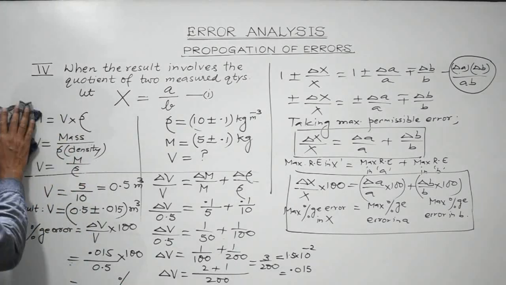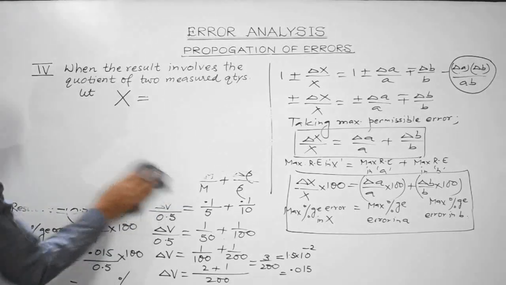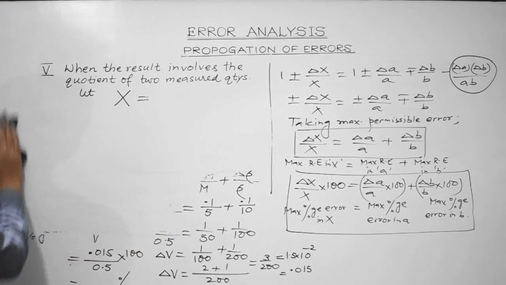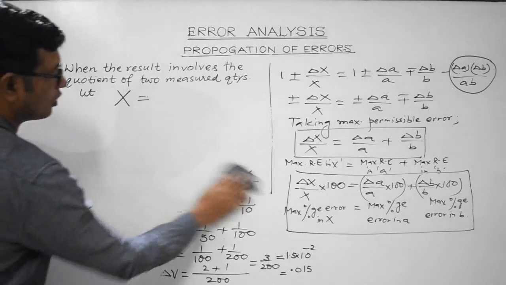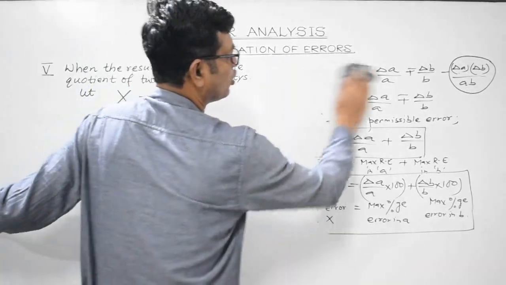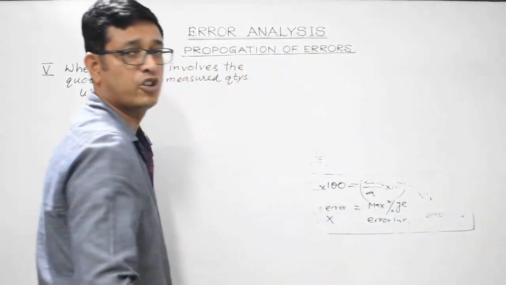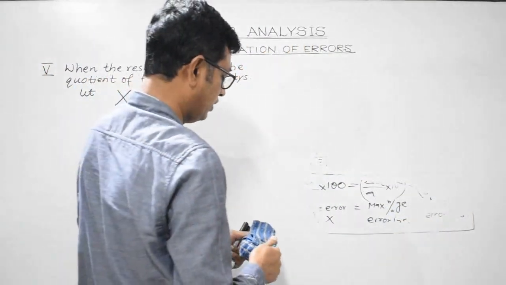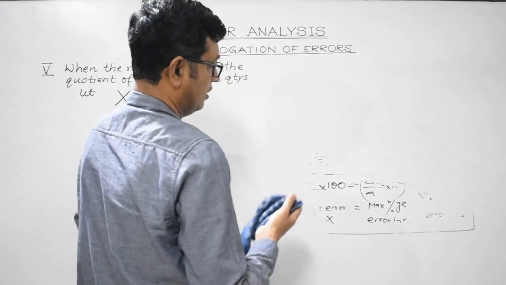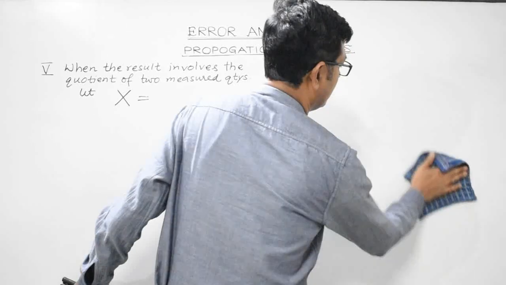When the result involves the power of a measured quantity. So the fifth case is when the result involves the power of a measured quantity. Again, we'll consider x to be the result, right? And suppose a is the measured value. So we are dealing with the case whereby the result involves the power of a measured quantity.